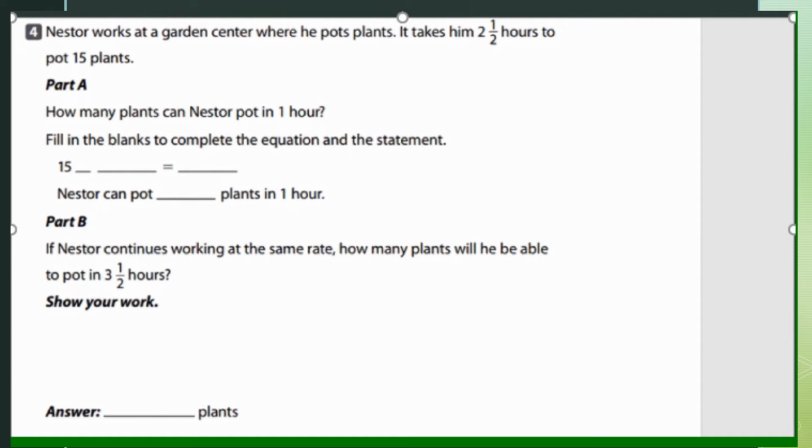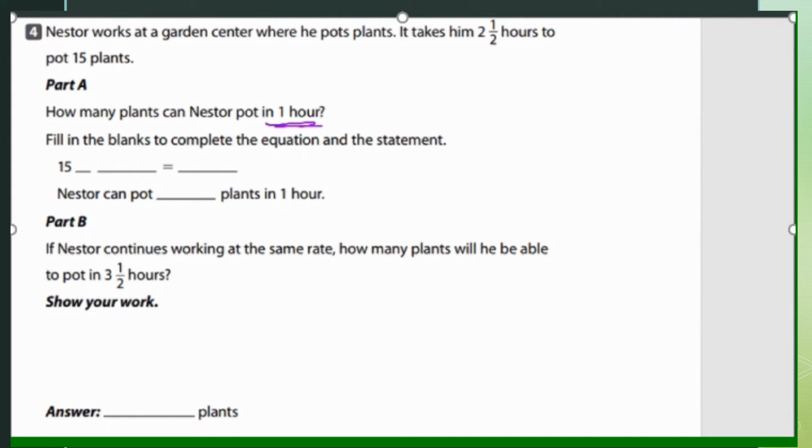Fill in the blank to complete the equation and the statement. So we already know that 15 needs to go first, so we have to come up with an equation. The first thing I'm going to do is write down my given information to figure out how much I will need for 1 hour.